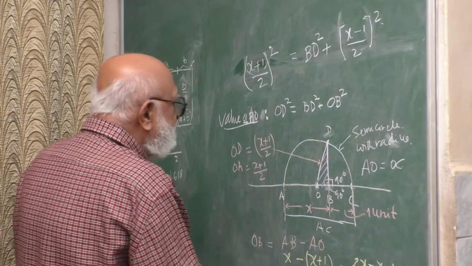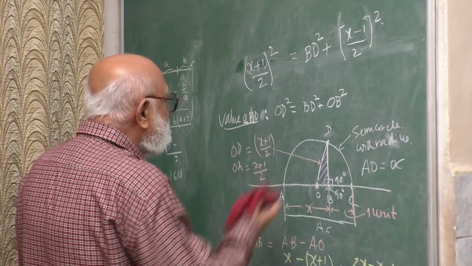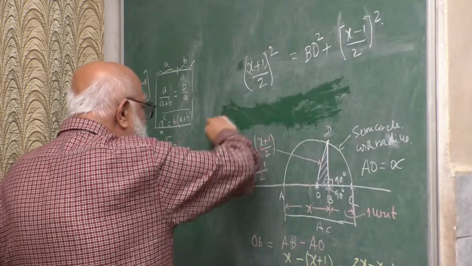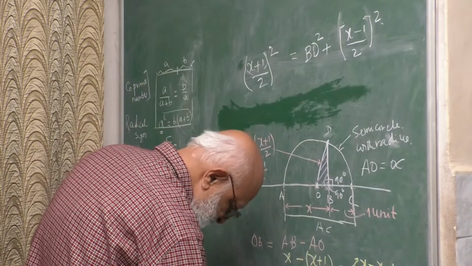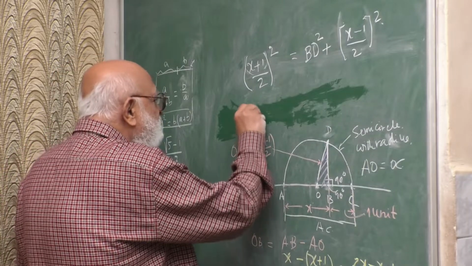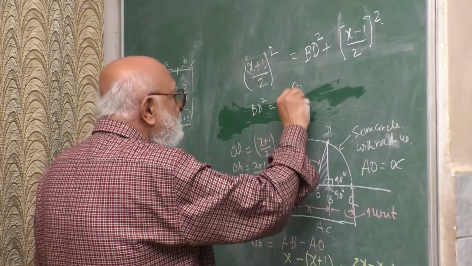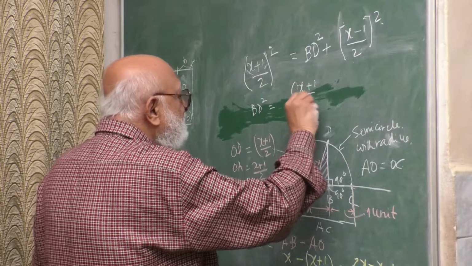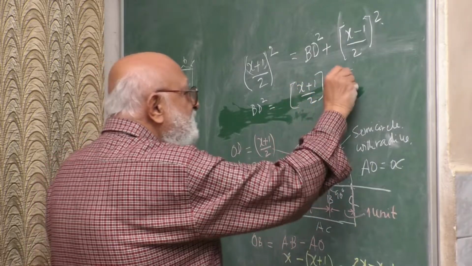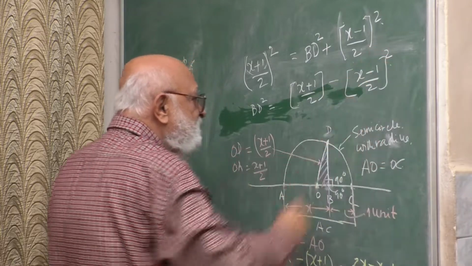Now I need a little bit of space, and I am trying to find out where I can find a space here. So I will erase this itself, because this point has already told you what I wanted to say, and I will continue with this. So BD square would be equal to, this I will transfer here, ((x plus 1) by 2) whole square minus ((x minus 1) by 2) whole square.